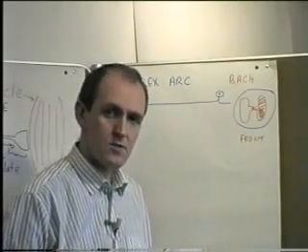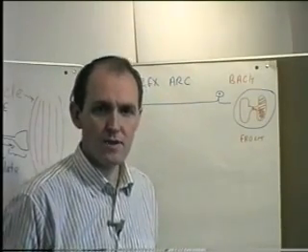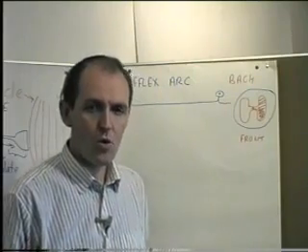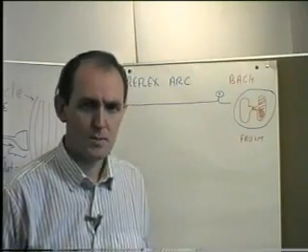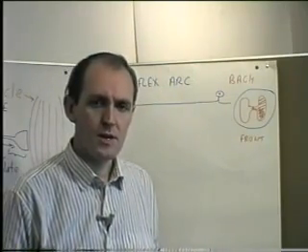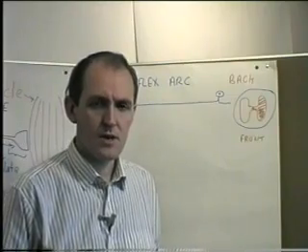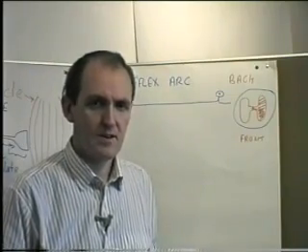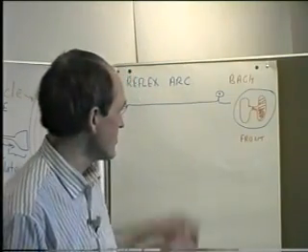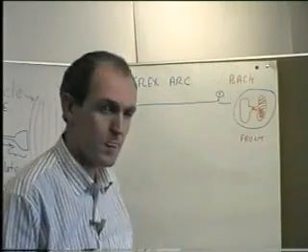And it's important to note that all impulses arriving in the spinal cord, all sensory nervous impulses, arrive through the posterior nerve root, or the back nerve root, the dorsal nerve root. They come in the back way.